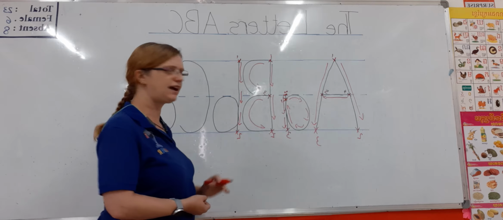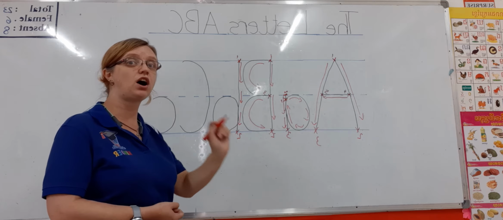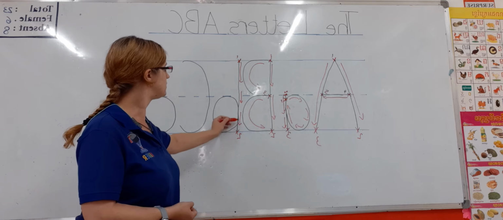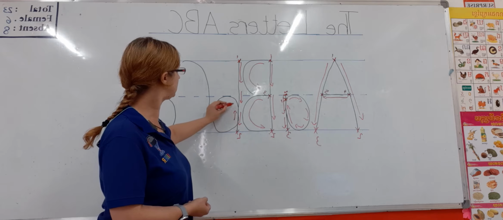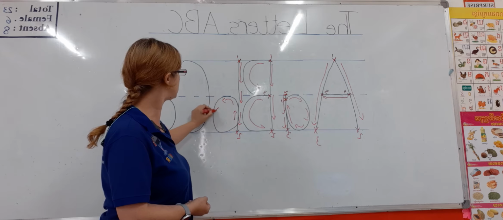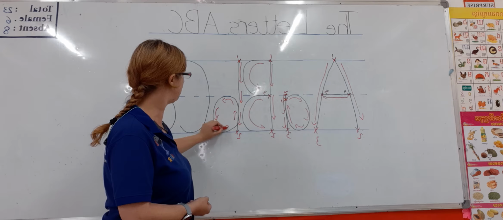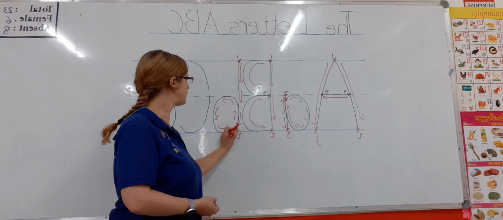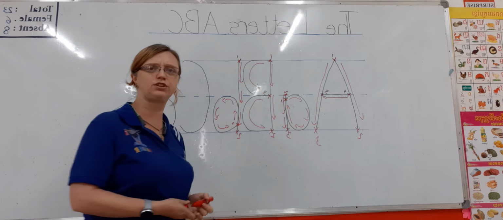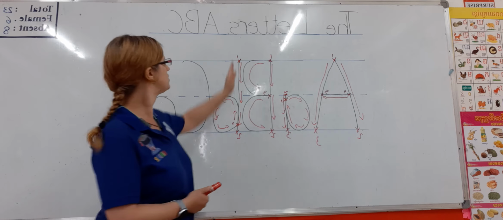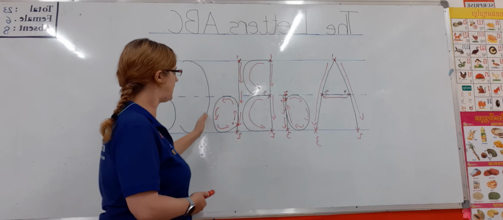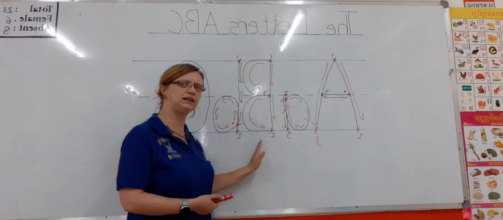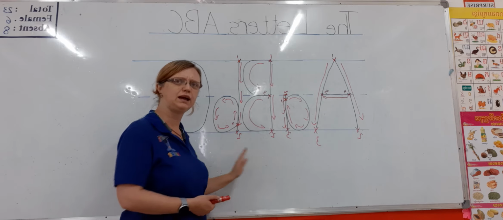But this time you're not going to pick up your pen, so you're going to go all the way down, stop, then you're going to come back up again and touch the middle line as you make a big bubble. Makes a big circle and then you're going to stop there at number 3. So down and around.